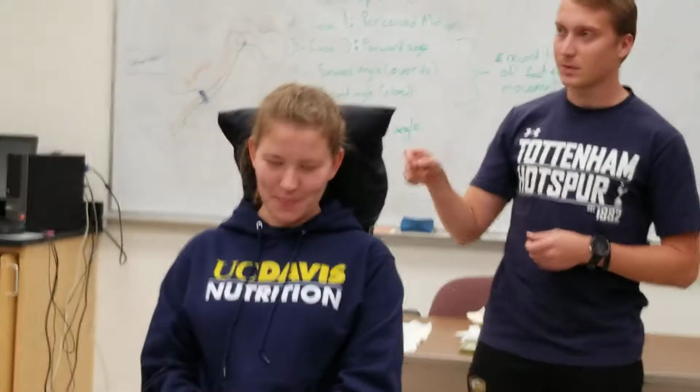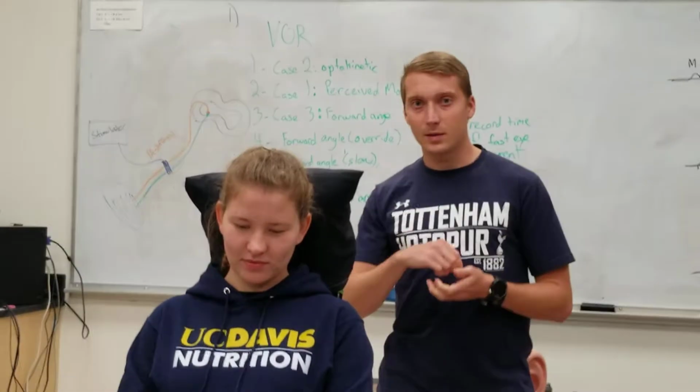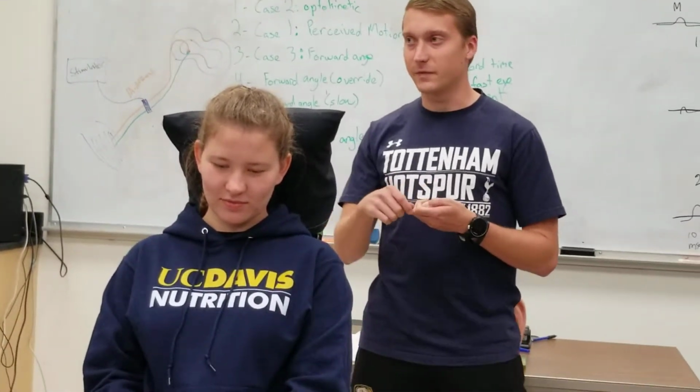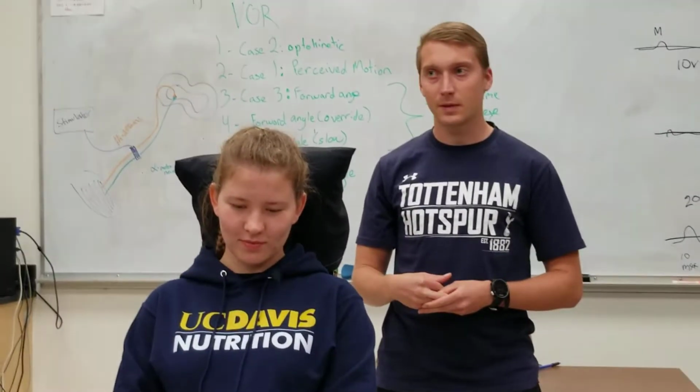So in the first case, when I was spinning her slowly, you saw fast eye movements to the right. But when I abruptly stopped her, the endolymph in the semicircular canals is moving faster than the head, because the head is stopped now. So which direction would the fast eye movements be?